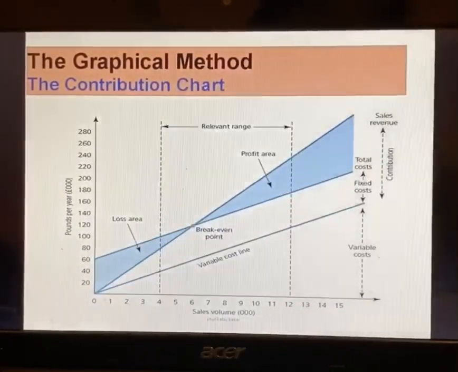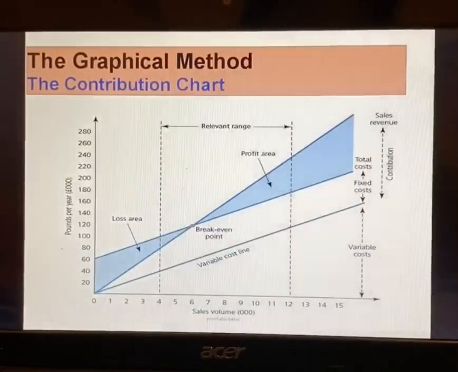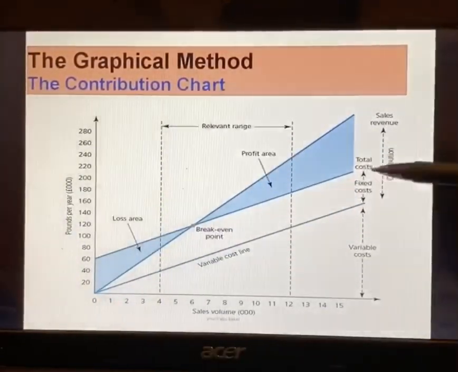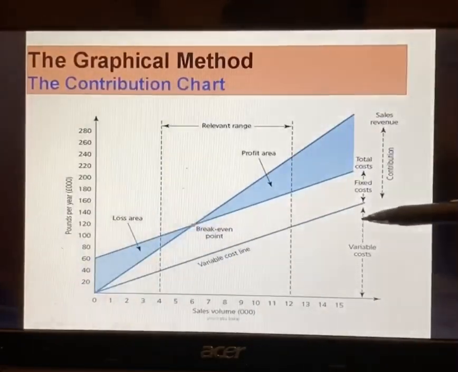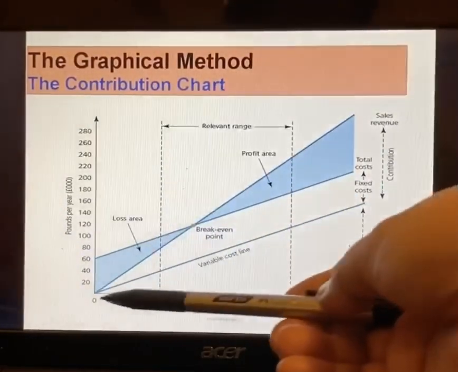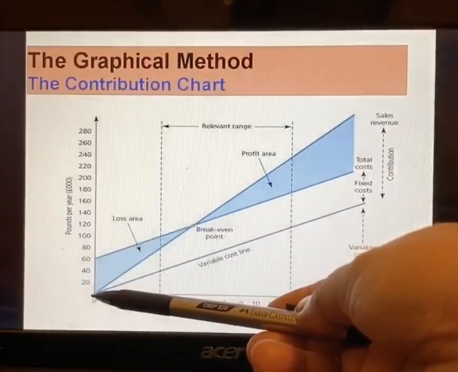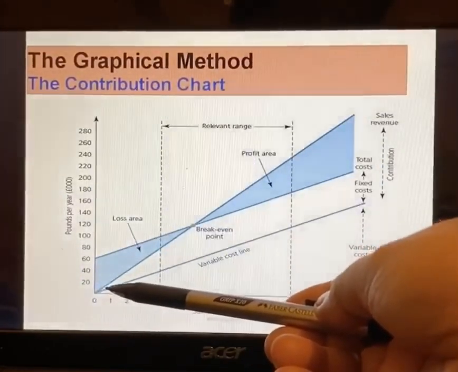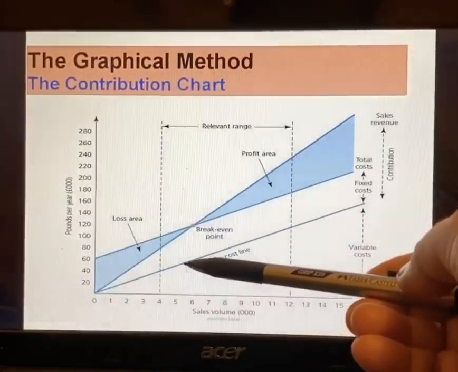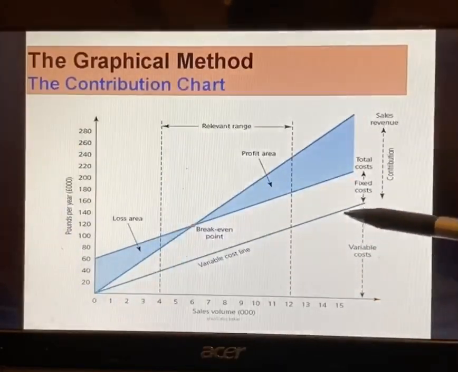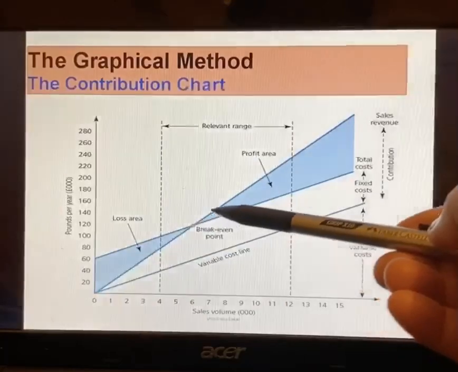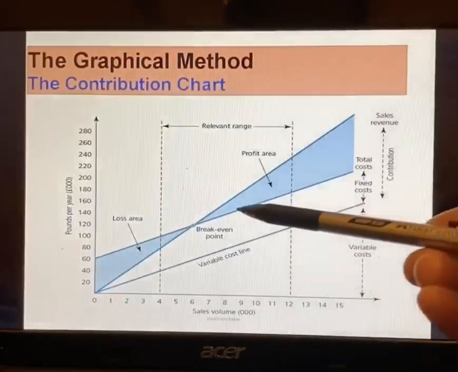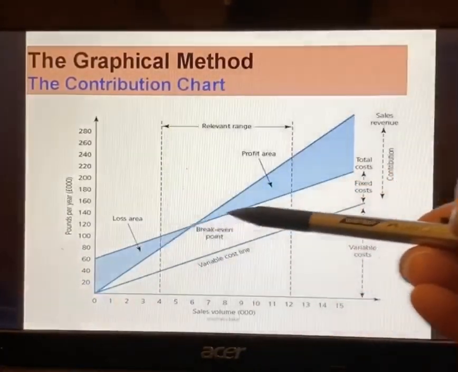So this chart shows the contribution chart. This is the variable cost line. Okay, at zero production, the variable cost is zero. So the variable cost line is parallel with the total cost line. This is the total cost line.